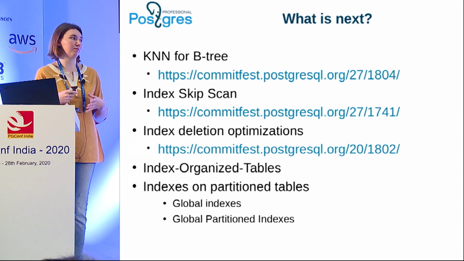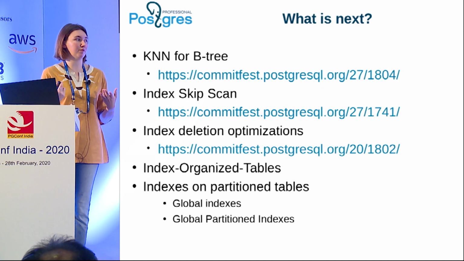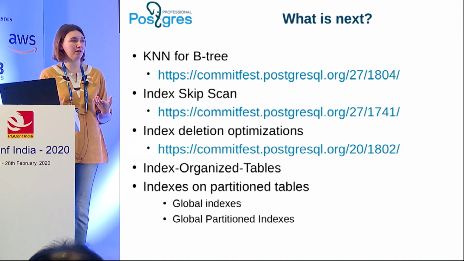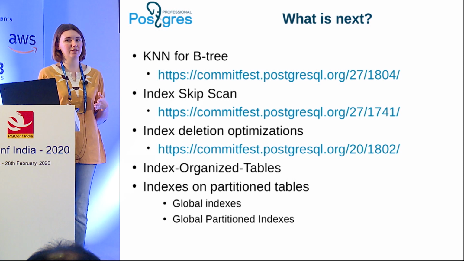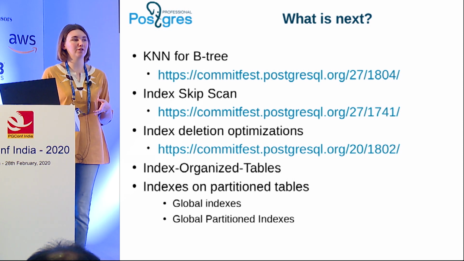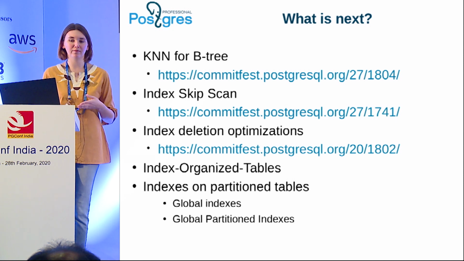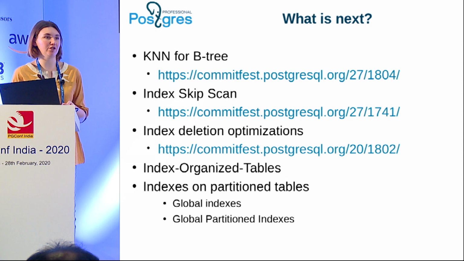And the more global plans are index organized tables, and indexes on partitioned tables, which we are blocked on for now. Let's say global partitioned indexes, which can be partitioned on some different attribute. Those are just future plans for B-tree optimizations.